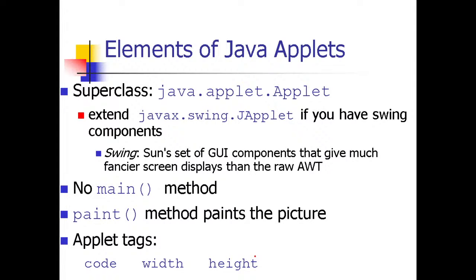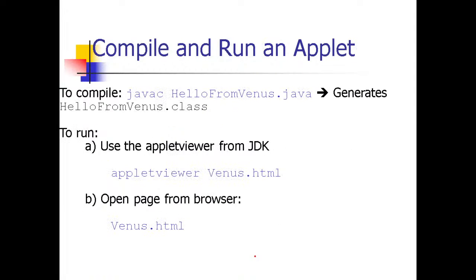We don't require any main for this. We have to paint all the canvas of our applet. Applet tags are code, width, height. These are the tags which we use with the applet tag. These are the elements which we use in Java applets. Then we have to run the applet using either the appletviewer or through the web browser.